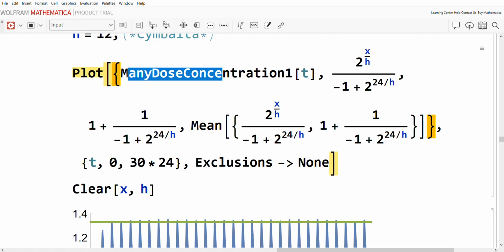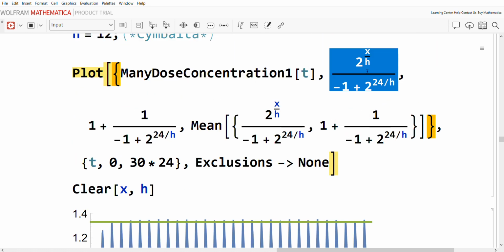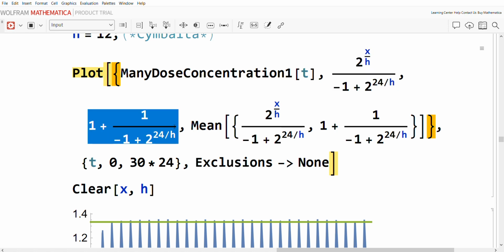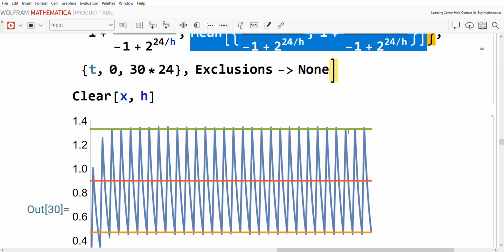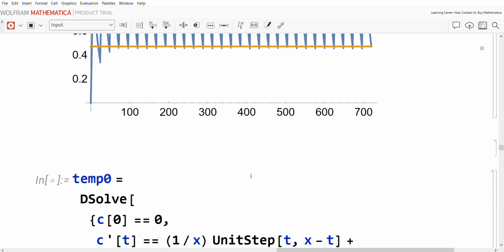So one of these many-dose concentrations is the wiggling graph of concentration. This I think is the trough. The trough number is that, and this is the peak number. And then the mean of the two is shown as the red bar. So that's the average amount of the concentration you have in your body.